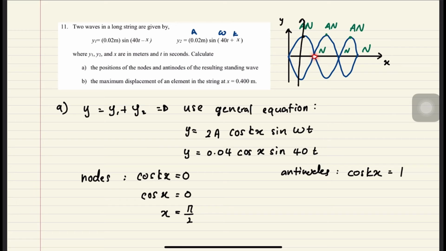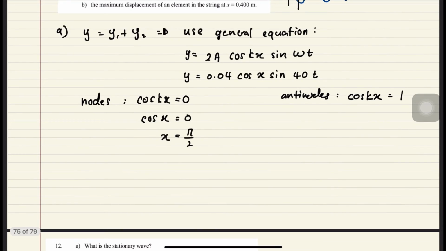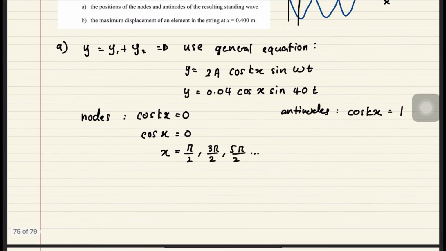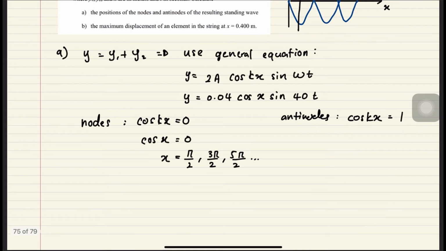Pi over 2 plus pi is equal to 3 pi over 2, plus another pi is equal to 5 pi over 2. So the numbers continue, and so on.